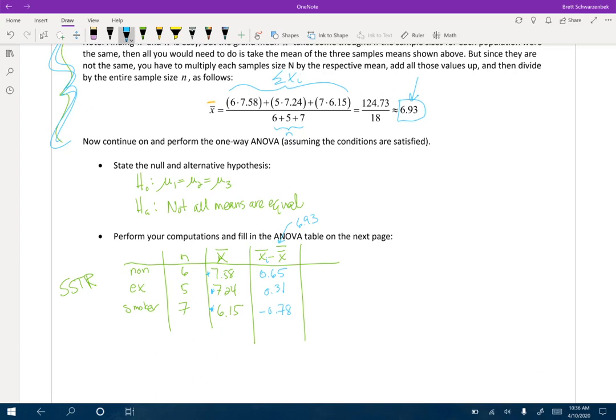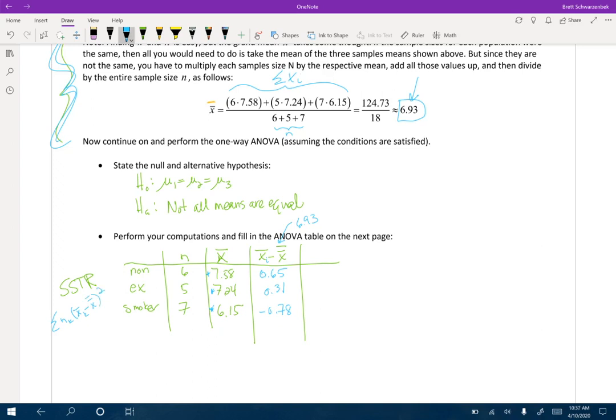So again, returning to the formula that we needed for SSTR, it was the sum of all of the n_k's times (x bar k minus x bar bar) squared. So that was your formula for SSTR.